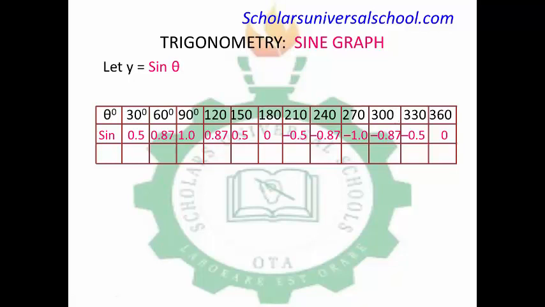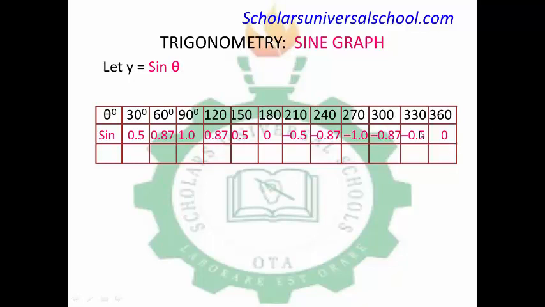So 360 degrees minus 300 gives you 60 degrees, and sine 60 degrees is 0.87. But because 300 is in the fourth quadrant, remember, All Scholars Teachers Care, we have to assign it a negative value, because sine is not positive in the fourth quadrant. It is only positive in the first and the second quadrant.